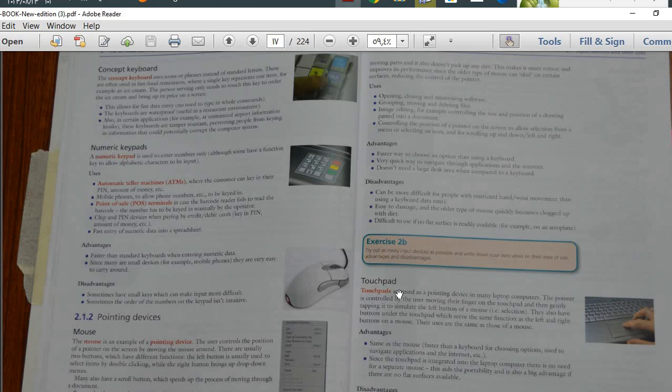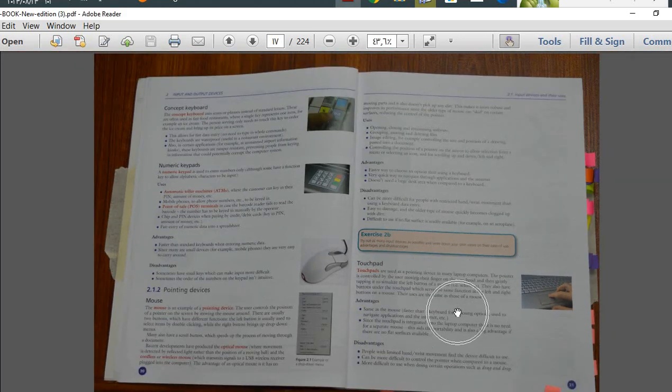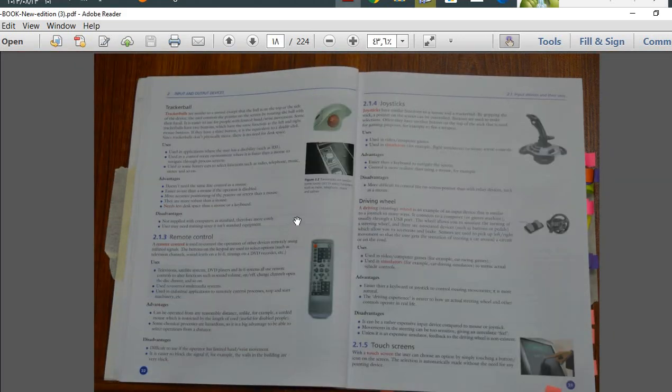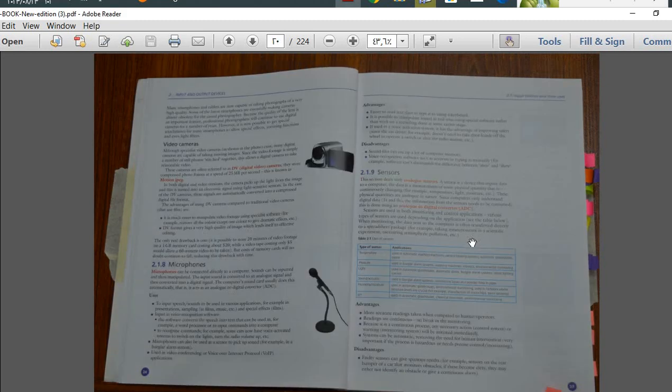Also the mouse and how we use it. Joystick, remote. All of the input devices.